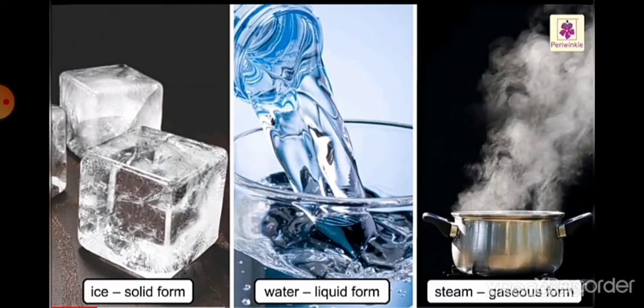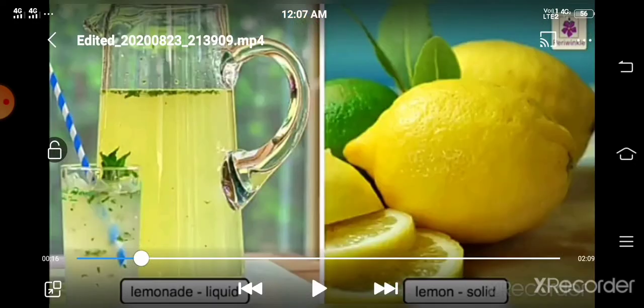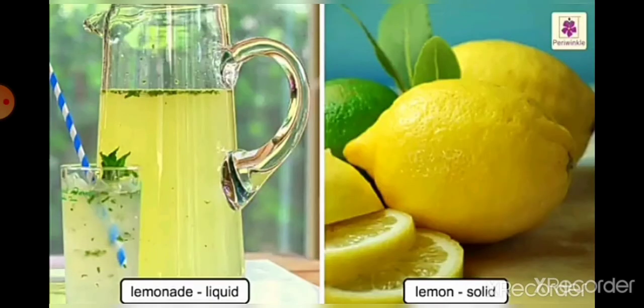Juices, milk are liquid forms. Steam is the gaseous form, the vapor. When you boil or heat water, you see the steam coming up, right? That is the gaseous form. So these are the three states of matter.